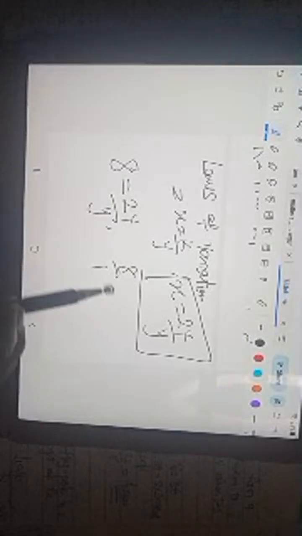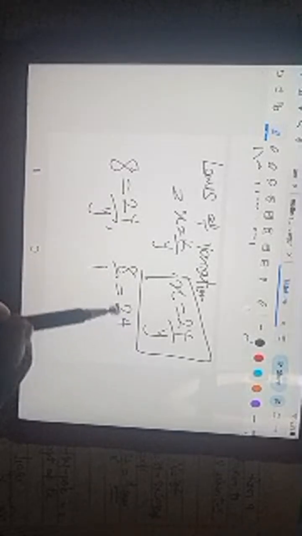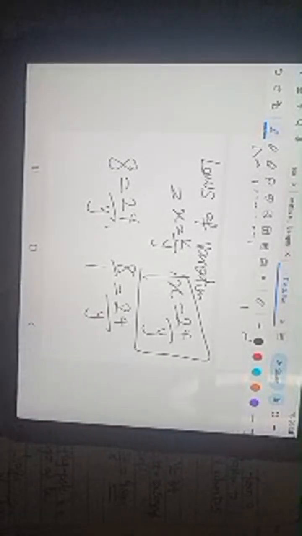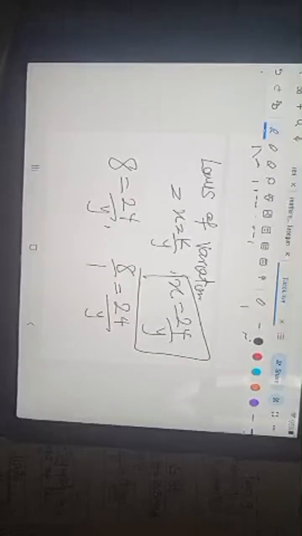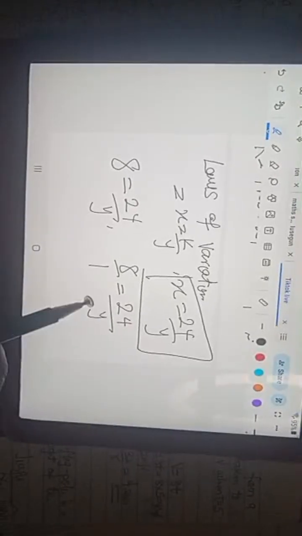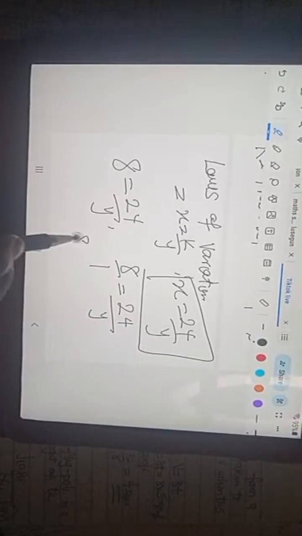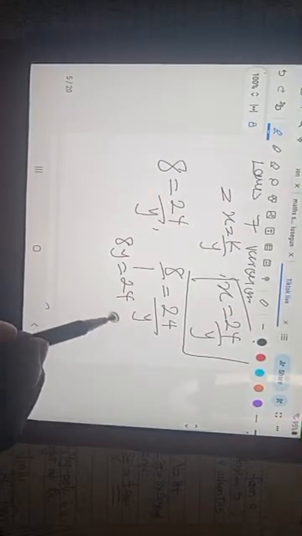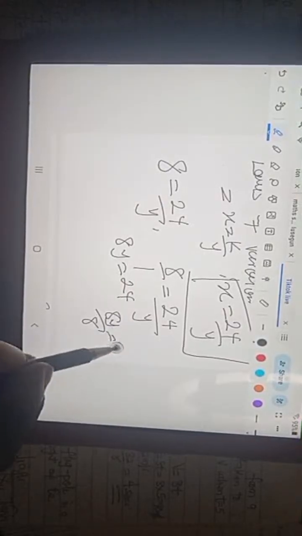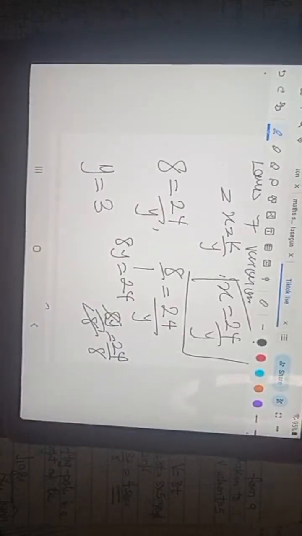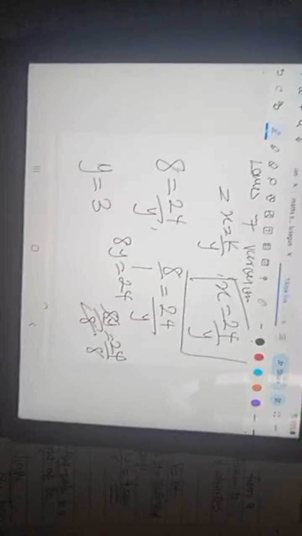Before we can cross multiply, as I've said earlier, make sure that there is a fraction in between two equality signs. So we now have 8y is equal to 24. By dividing both sides by 8, we have 8y over 8 is equal to 24 divided by 8. We cancel this. y is equal to 3. So y is equal to 3.